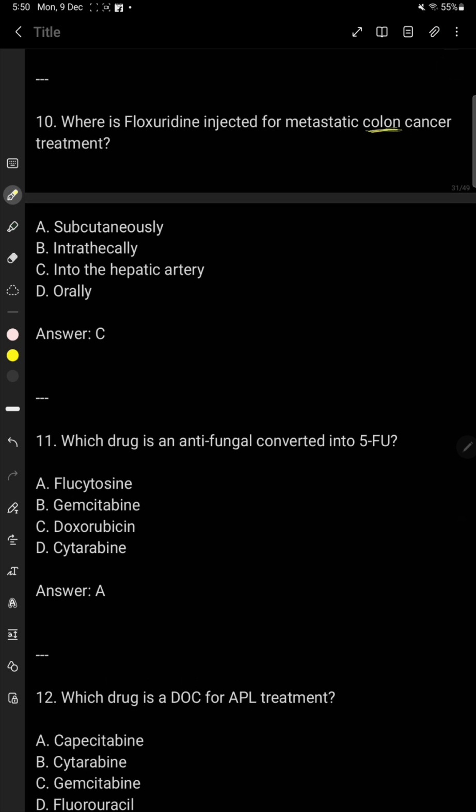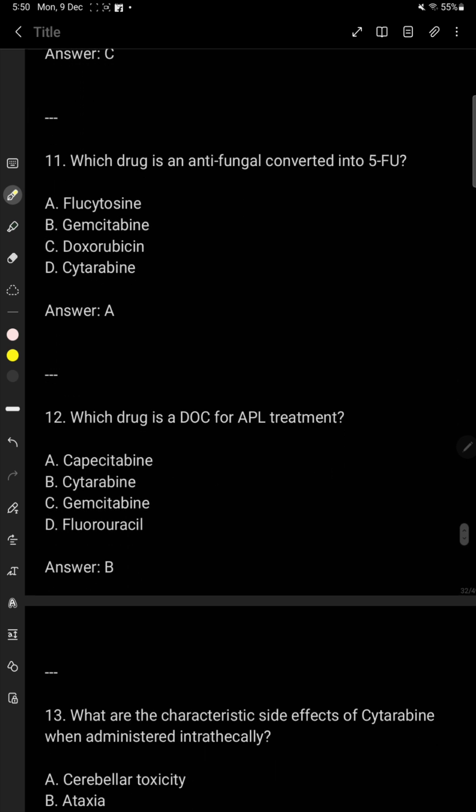Colon cancer can metastasize to the liver, and in that case fluoxuridine is injected directly into the hepatic artery.